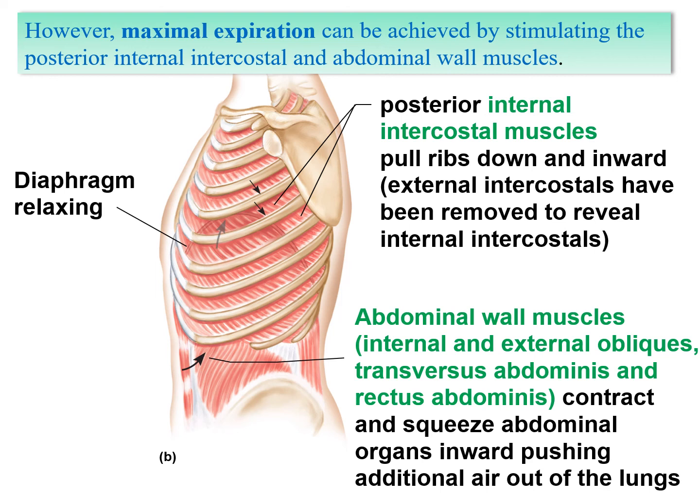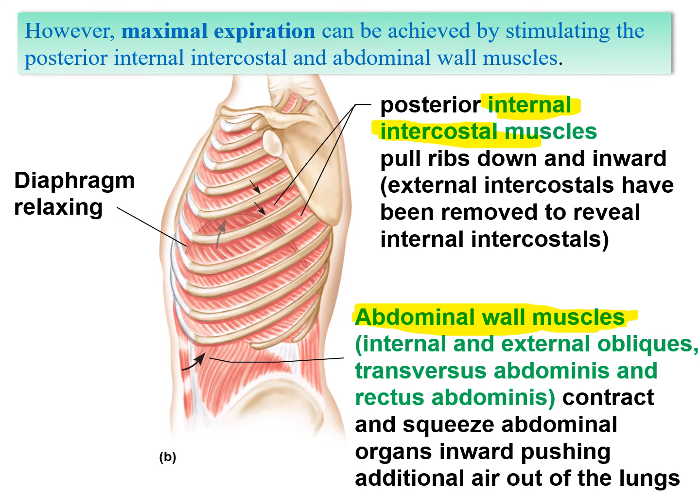If you want to maximally expire air from your lungs, you will need to stimulate some muscles, and those are shown here in green. Now note, we're tapping into internal intercostals here, not external, and some of the wall muscles of the abdomen. We'll be looking at those and learning about those again in another couple of weeks.